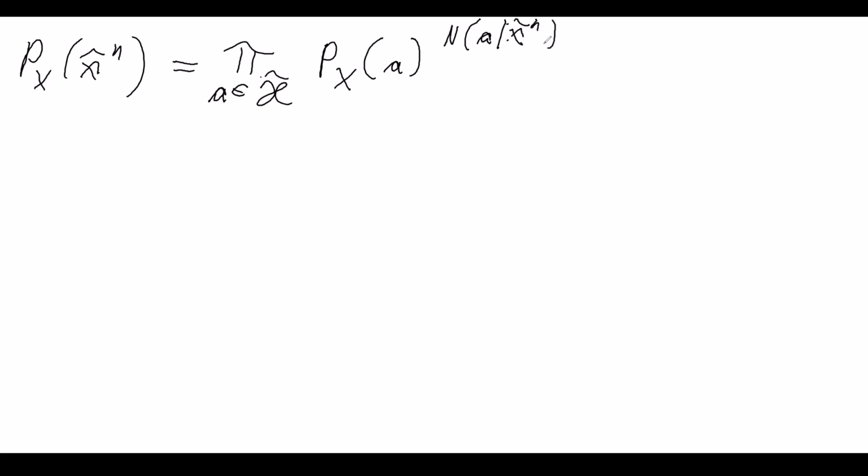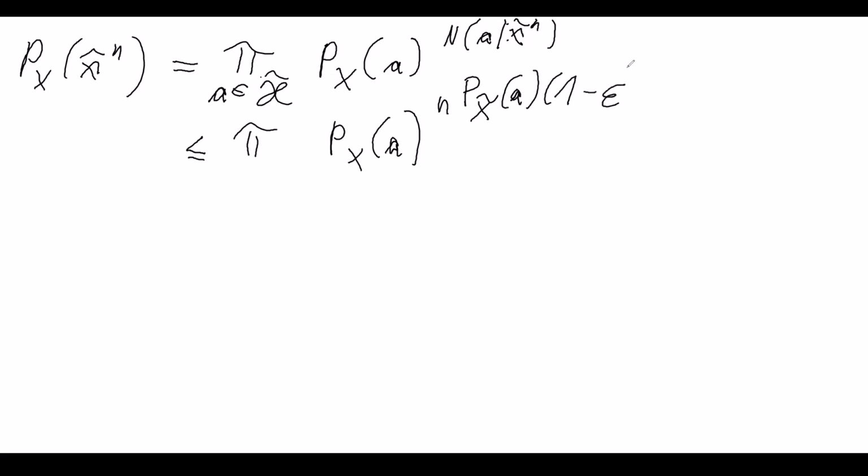That's just the probability of a sequence concerning Px, that this sequence is produced by Px. This we know by the definition of typicality. It is smaller or equal to the product where we replace N_a of x̃^n by n times Px̃(a) times (1 minus epsilon), because x̃ is typical concerning Px̃, and this is just the definition.